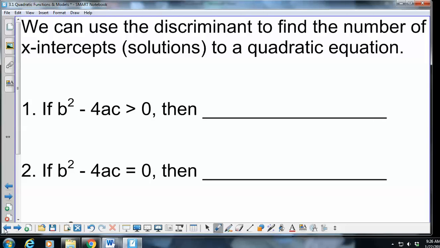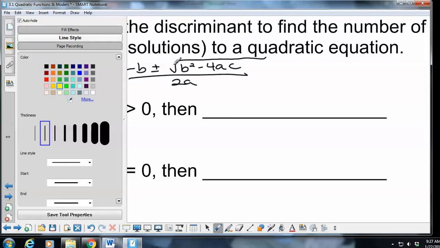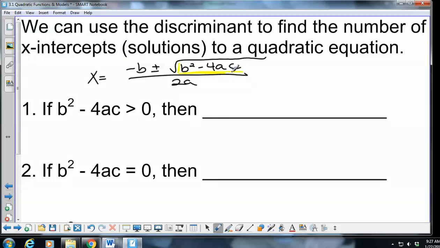The square root. Right. If you think about the quadratic formula, the discriminant is that part under the square root, that b squared minus 4ac.